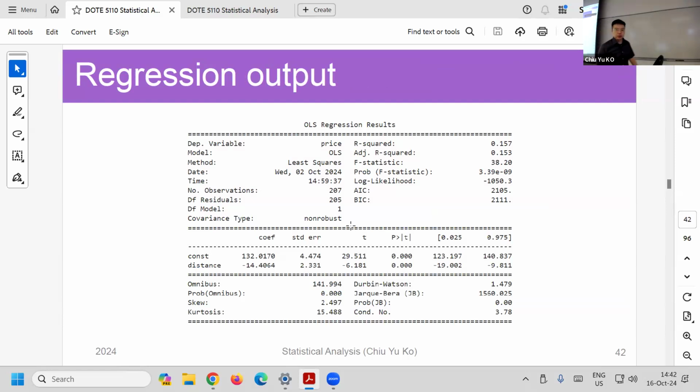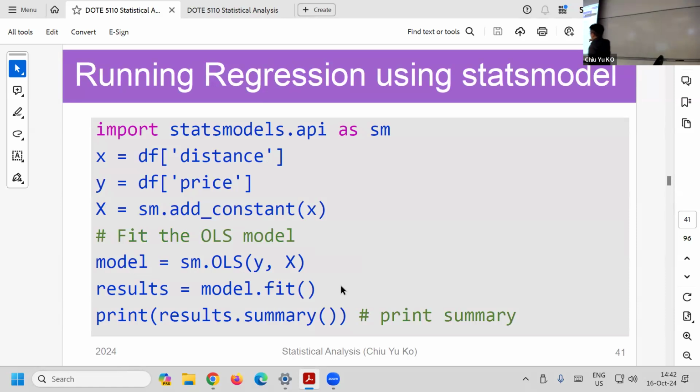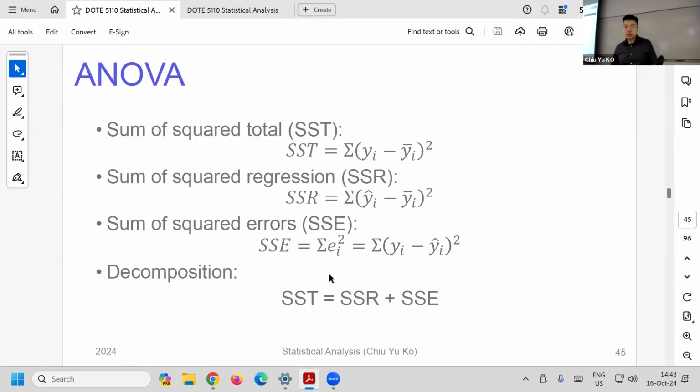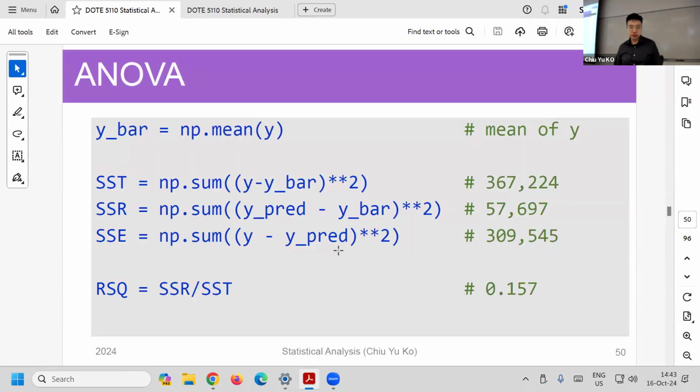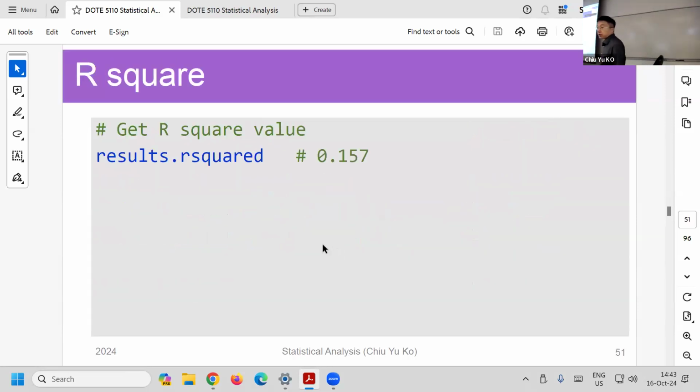But in case you really want to get R squared directly when you fit the result, that is a property you can get. So this is the slide I didn't include before. I'm sorry about that.